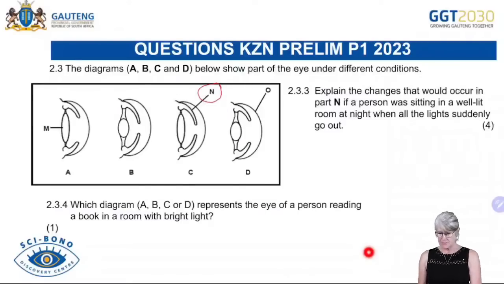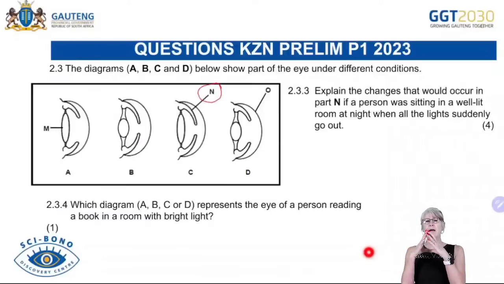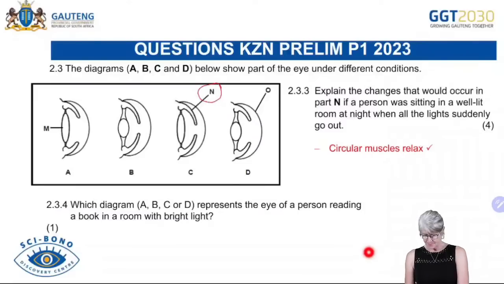Okay, so now what we have to say, we remember we said the iris is going to limit the amount of light when there's bright light, but it's going to allow more light in when there's dim light. So let's have a look and see what they say. Okay, so the circular muscles relax and the radial muscles contract.